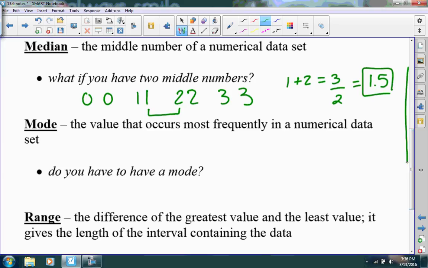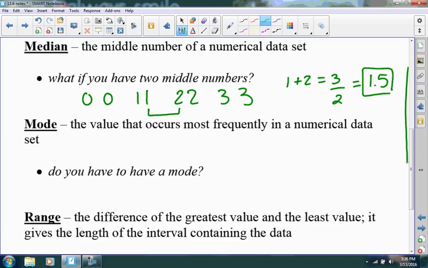The mode is going to be the value that occurs most frequently. So sometimes when you have a big data set, you have numbers that repeat more than once. So in that case, you might have one number that appears most often. Sometimes you might have two numbers that appear more than others, but the same as each other.